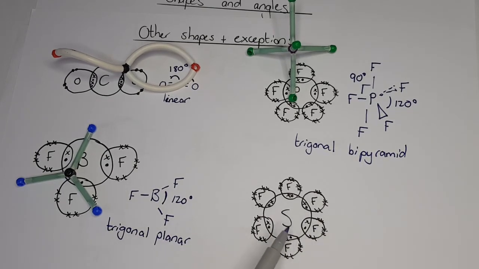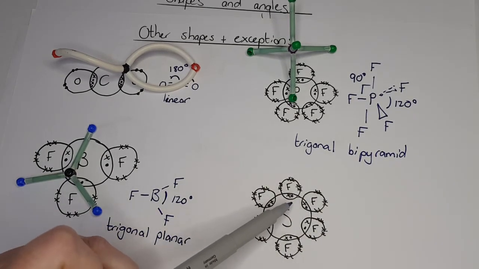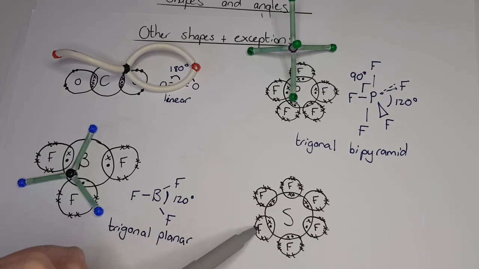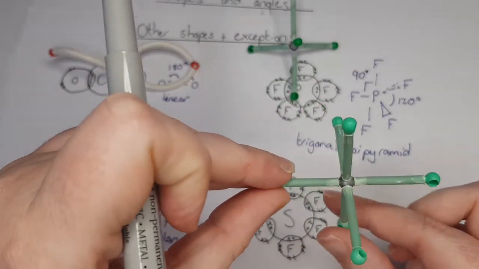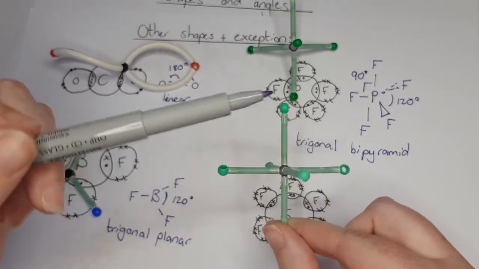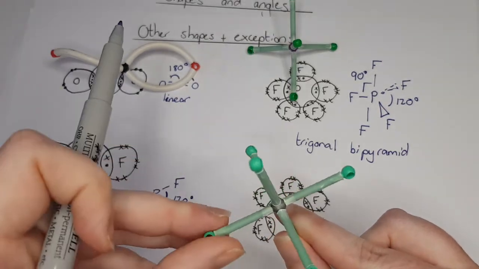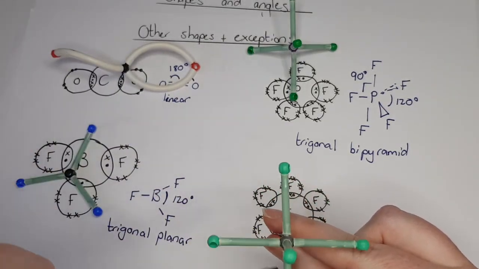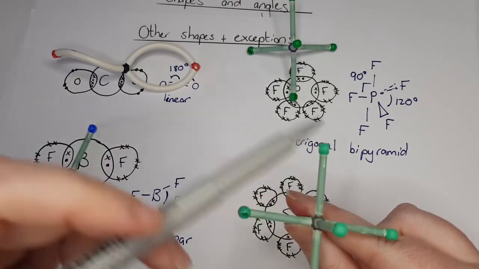And then our last one, if I have sulfur, but now it has 1, 2, 3, 4, 5, 6 atoms around it, so it has 6 bond pairs and 12 electrons, okay, it's going to mean that if I have a molecule like this in 3D, remember, so one's going to go up, one's going to go down, but now I have 4 in the same plane.